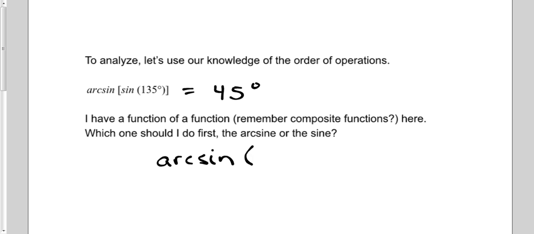Okay. Now, can I have an arc sine of an arc sine? This is very specific now. This is not like any other inverse function that we've had.